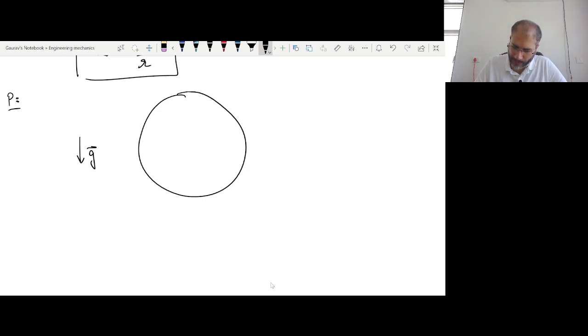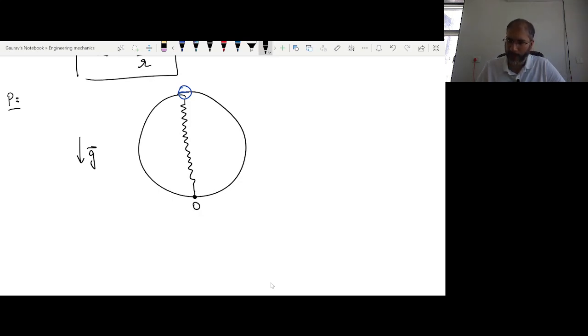So we have a bead that is moving over the hoop, and the bead is connected through a spring to this bottom position O. In this case, there is no friction on the hoop, so the bead moves on the hoop without friction.